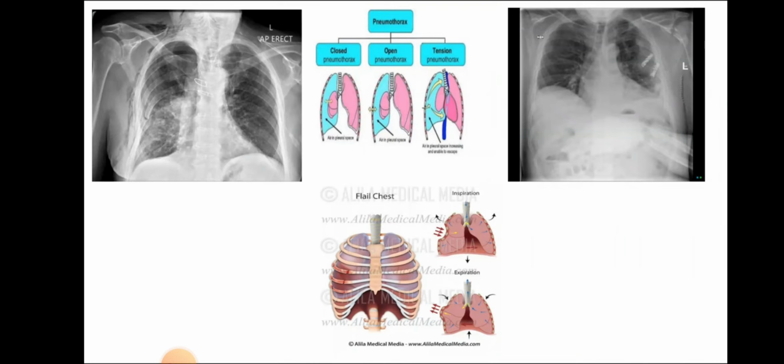As you see in the image, three or more ribs in a row have multiple fractures, and therefore a part of the chest wall becomes separated, and there will be a floating segment, an unstable fragment of the chest wall, which has no bony connection.